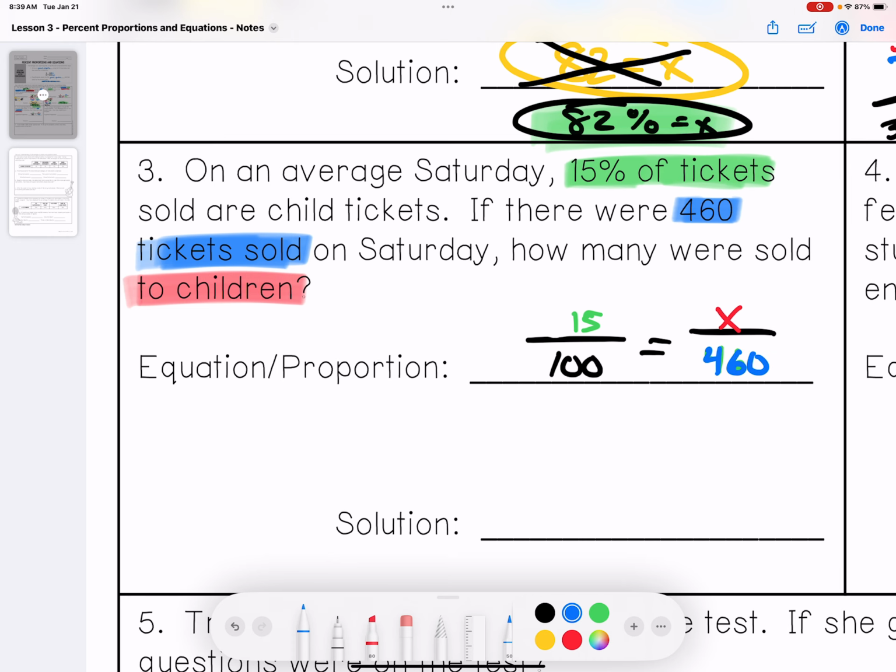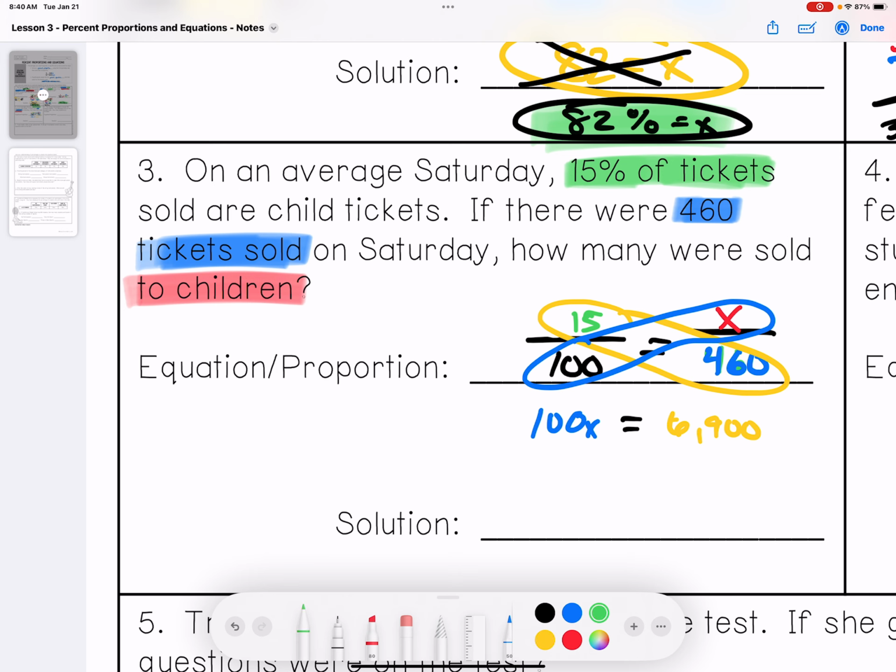Okay? Now, we're just going to do our little 15 times 460 and 100 times x. 100 times x is just 100x equals 460 times 15. It's 6,900.